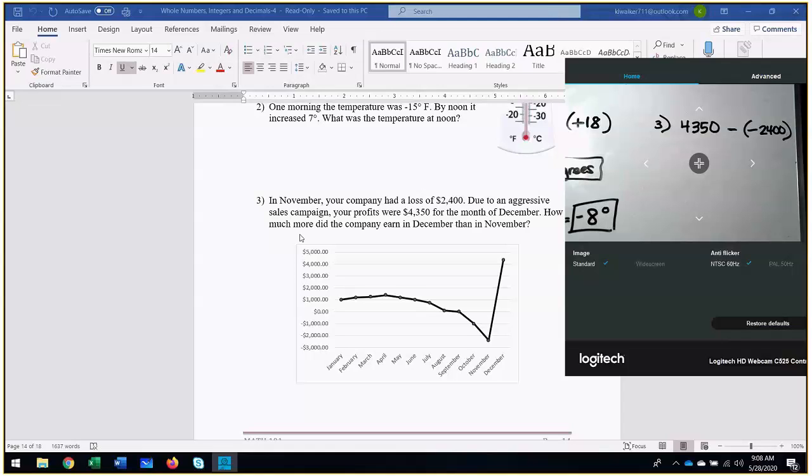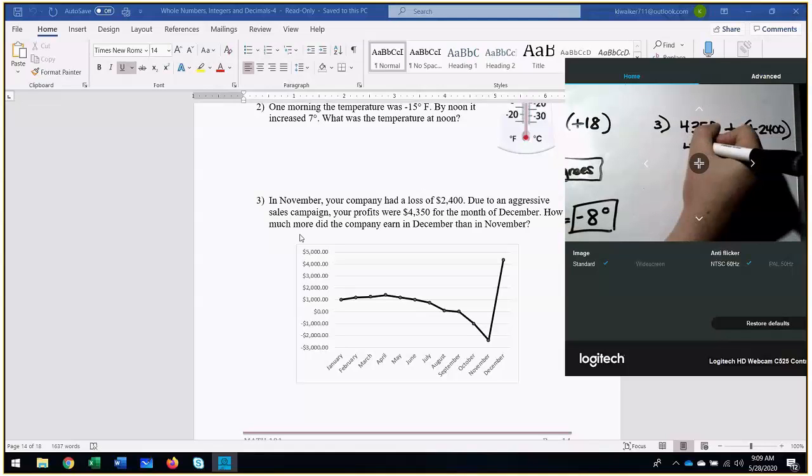Since I saw I had subtraction and a negative, I did the keep, change, change trick, whatever you want to call it. So I'm keeping this. I'm going to change the minus to a plus, and I'm going to change the sign of the second value.